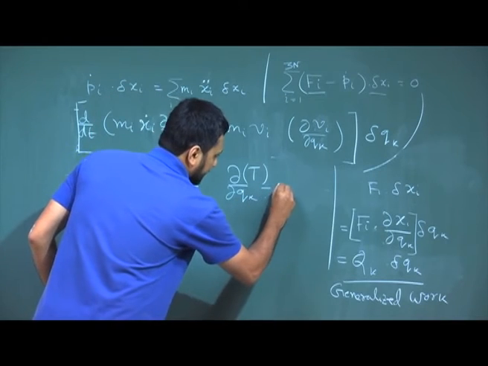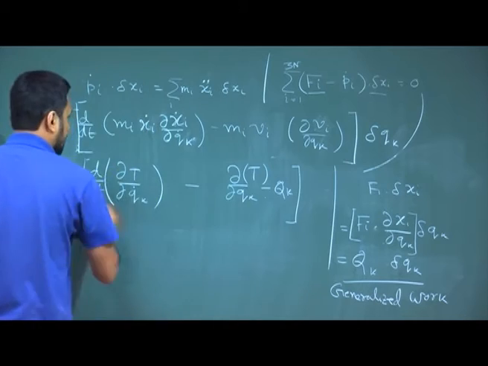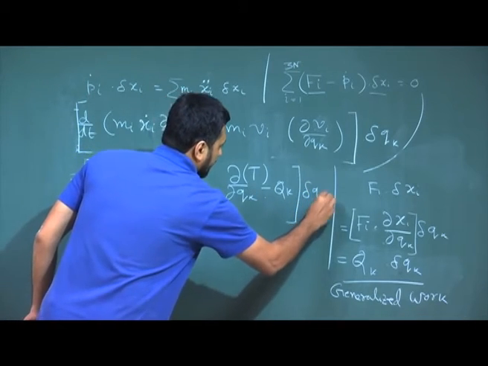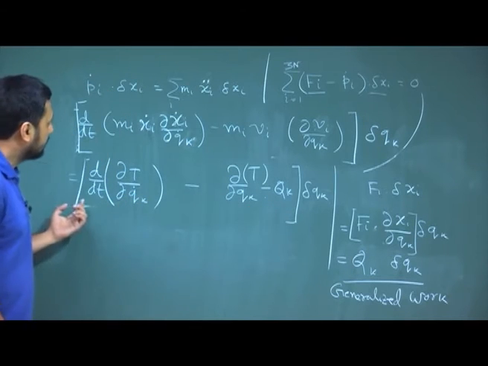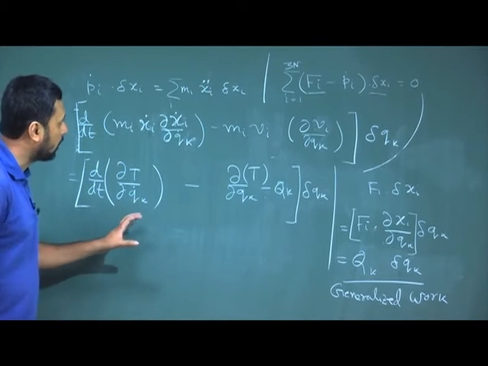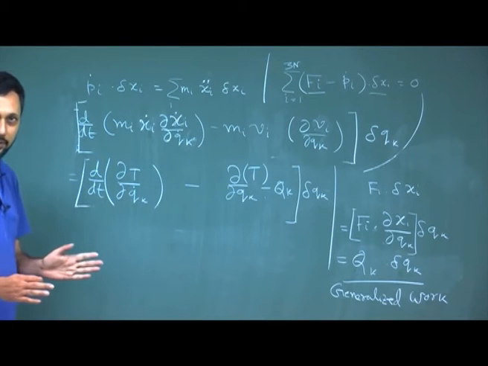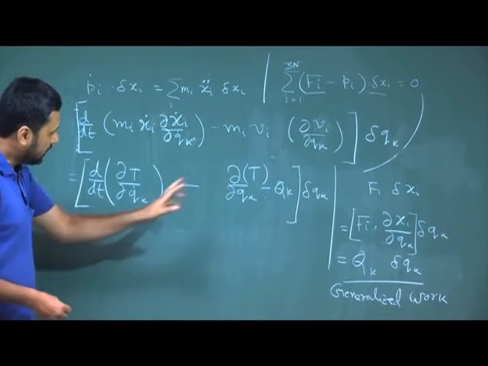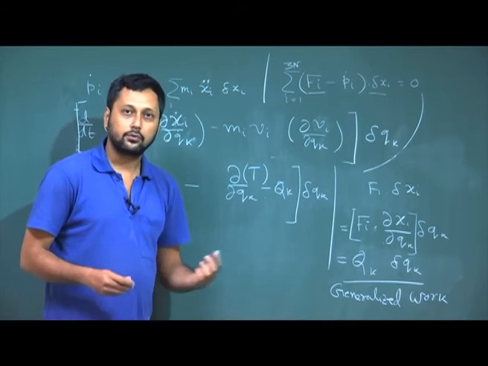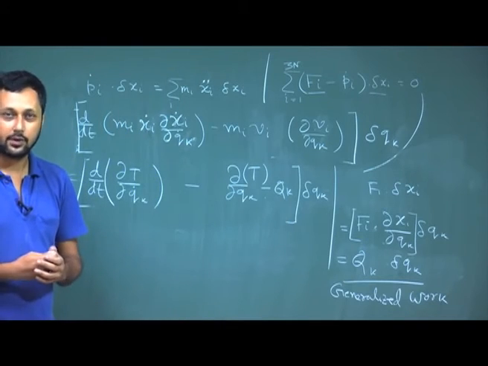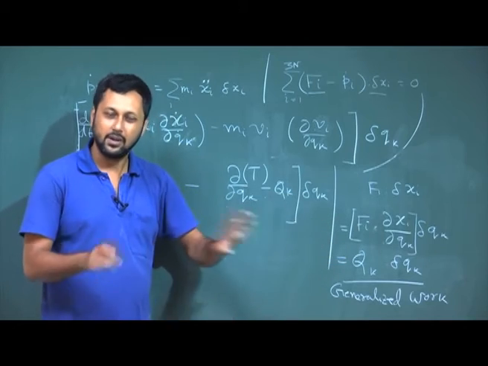So, it will be minus Qk delta qk. Now this comprises my full transformed form of D'Alembert's principle, transformed into generalized coordinate space. Now, because Qk is a generalized force term, we can of course define a potential function for it. The thing which I intended to do in the real space and then transform, that is not required.